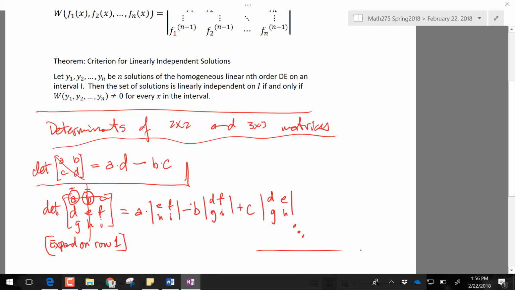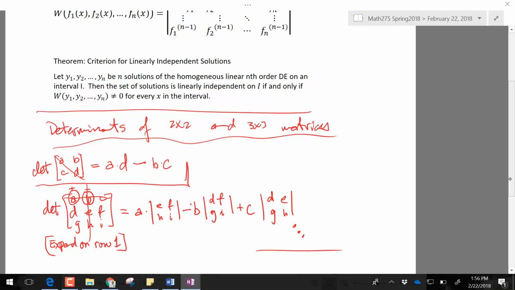Okay? So that's how you guys are going to find determinants, unless you know how to find it a different way, which is fine, as long as it's correct. This is how we're going to find determinants.